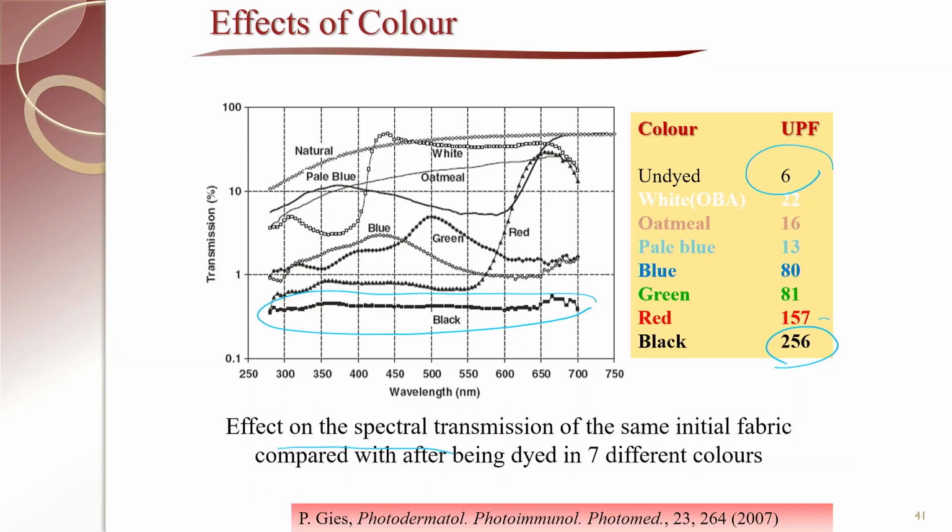Here is the effect on the spectral transmission of the same initial fabric: the undyed fabric is the same and it is dyed with 7 different colors. We can see that as the depth increases, it gives an enhanced UPF value.